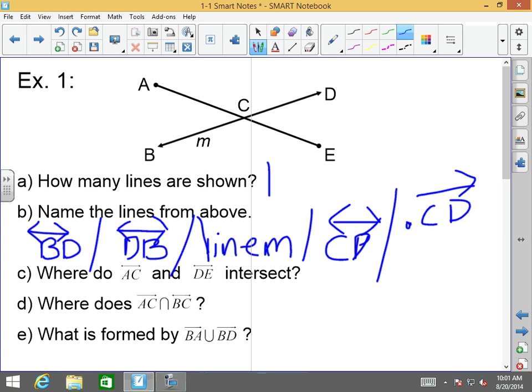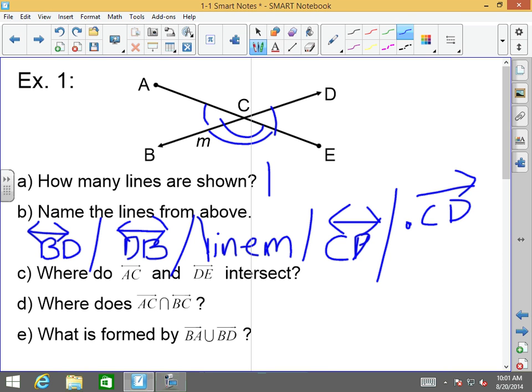Absolutely, sir. For angle C, it's also angle CA, ACB, or angle DCA. Yes, for angle C, it depends which angle. I can do ACD, DCA, ACB, which would be this guy, or BCA, DCE, which would be this guy, or ECD, or BCE, which would be this guy, or ECB.